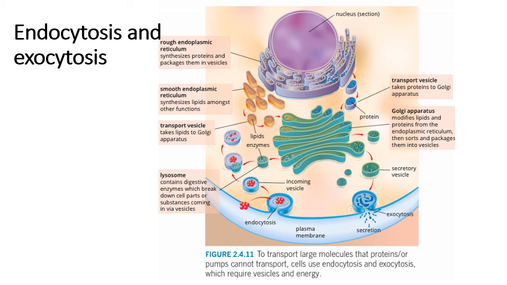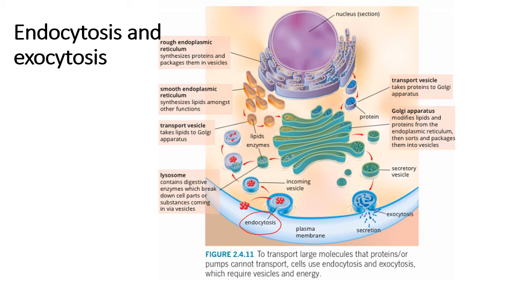In this diagram, we can see a summary of the two different processes taking place. On the left side, we can see endocytosis. So if we look down here, we can see that some particles are enclosed by the plasma membrane into a vesicle. The vesicle might combine with a lysosome, which contains digestive enzymes. These break down cell parts so they can be used in other parts of the cell.